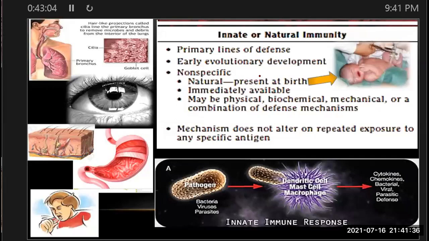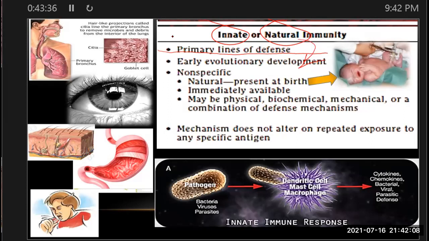So here, this is a good summary of the innate or natural immunity, also called inborn or non-specific immunity. This is represented by the primary lines of defense of our body, the mucous membranes. Number one, of course, is the intact, unbroken skin, and it is said that the innate or natural immunity evolved earlier than, of course, the adaptive.